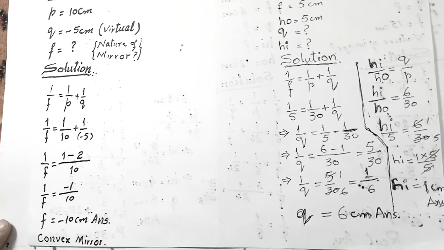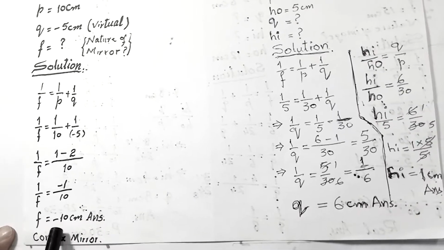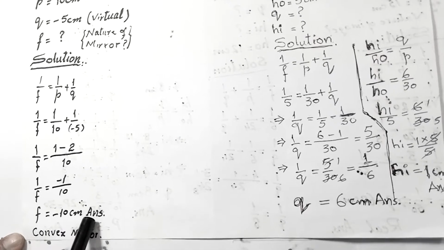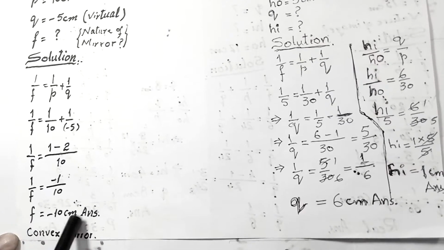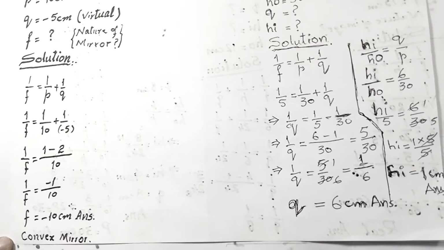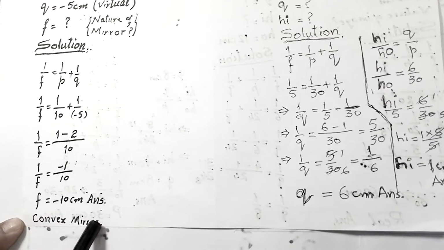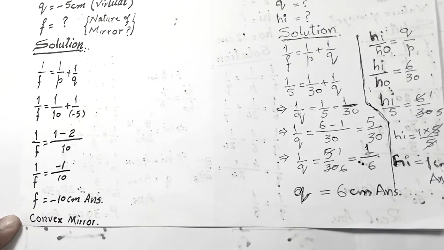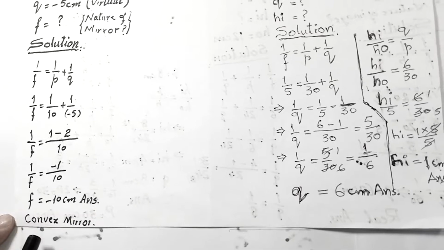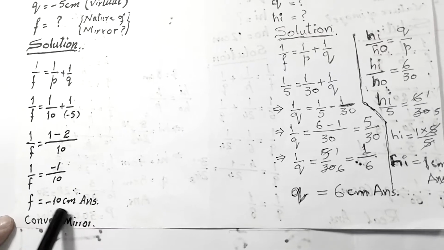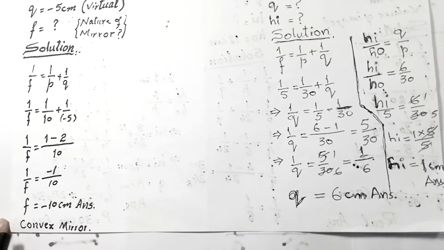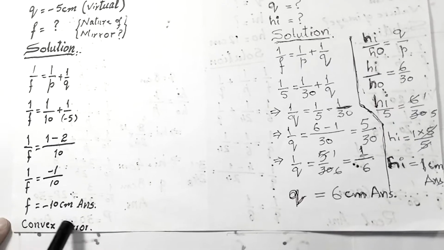By inversing, we get F is equal to minus 10 centimeter. Its focal length is minus 10 centimeter. It is a convex mirror because the focal length of a convex mirror is negative. Therefore, our answer is minus 10, and the nature of the mirror is convex mirror.